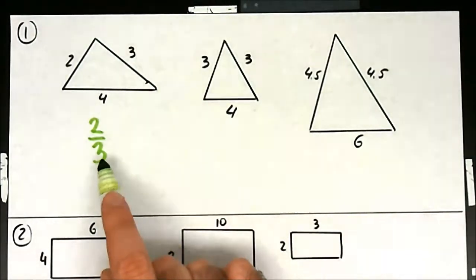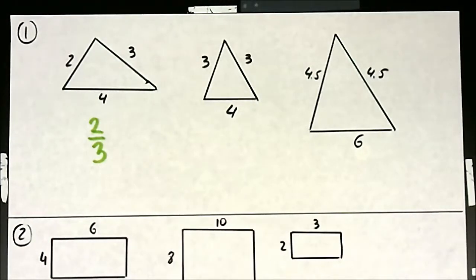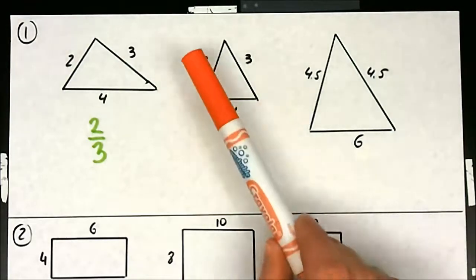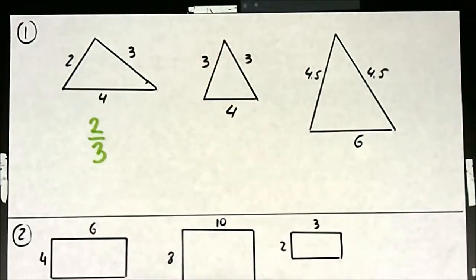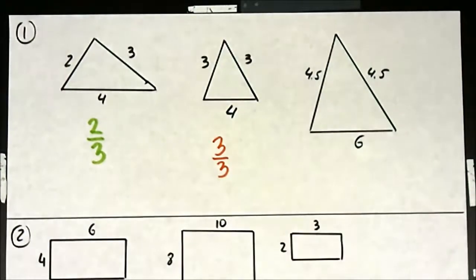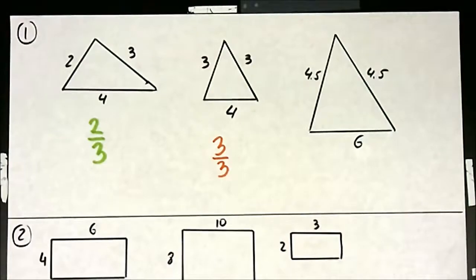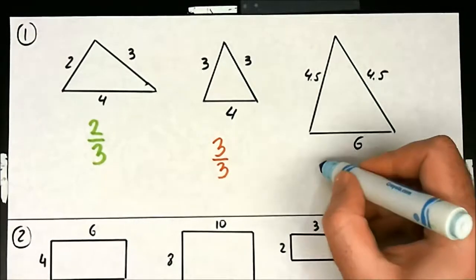You could have chosen any sides, but I just chose these. I'm going to follow through and use the same sides for the others. For here, it corresponds to these sides right here, 3 and 3. For the last one, it corresponds to these two sides here, 4.5 and 4.5.